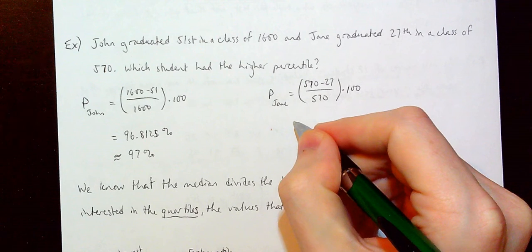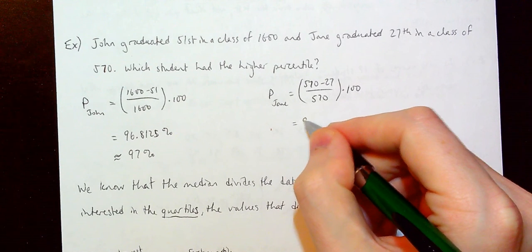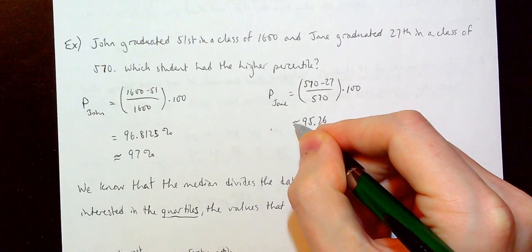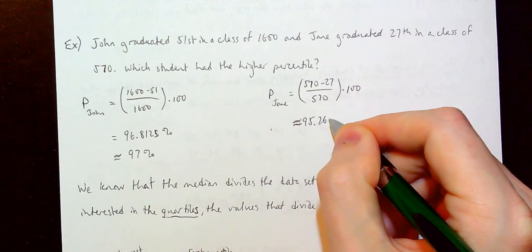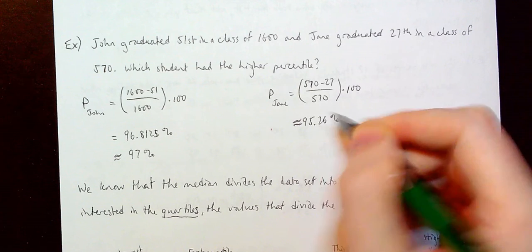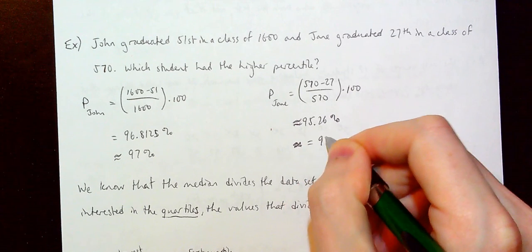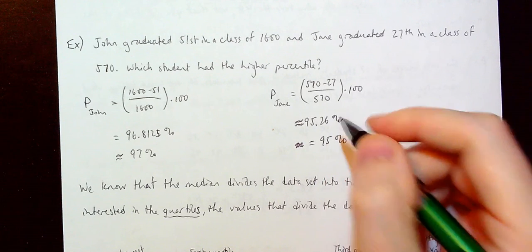And if you do that calculation, you get approximately 95.26%. Again, this would probably be represented by the 95th percentile.